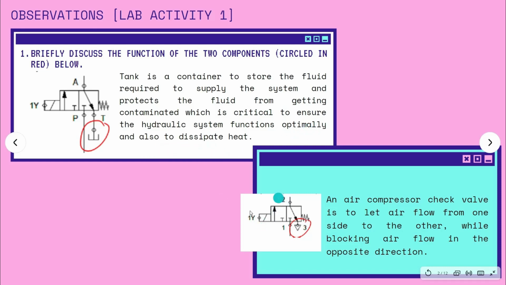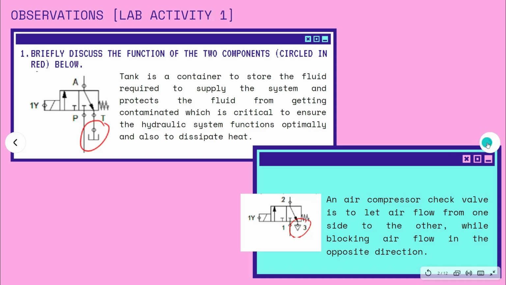The other one is an air compressor check valve. It lets air flow from one side to the other while blocking air flow in the opposite direction. This one lets air flow from this side to the other, while blocking air flow in the opposite direction.